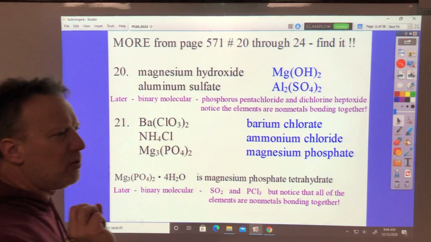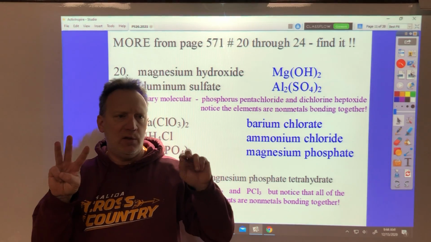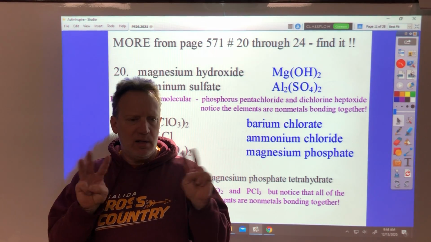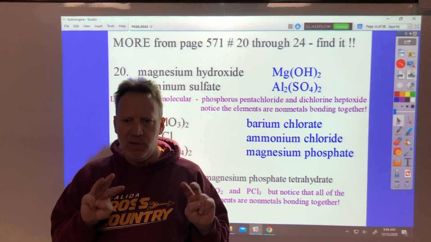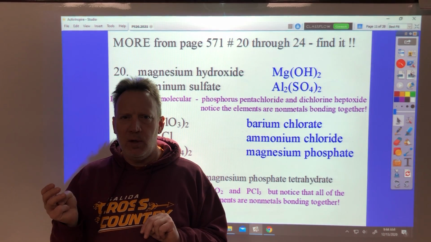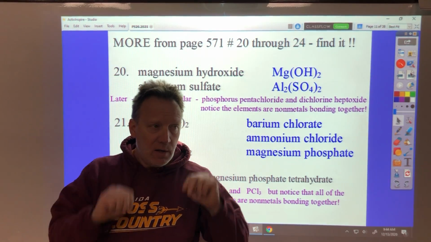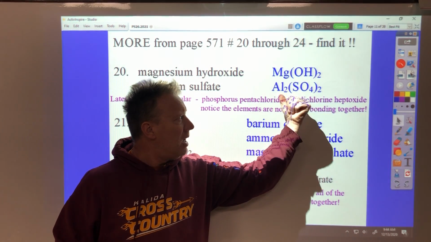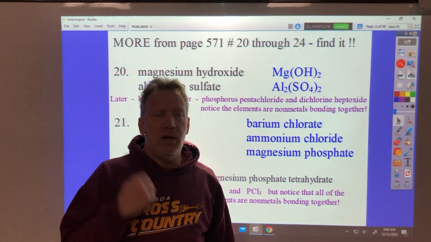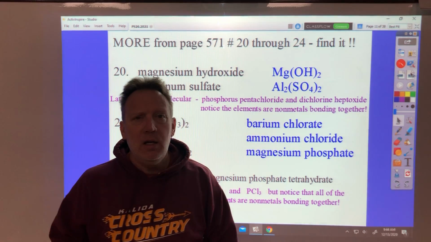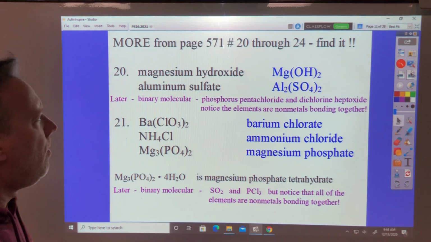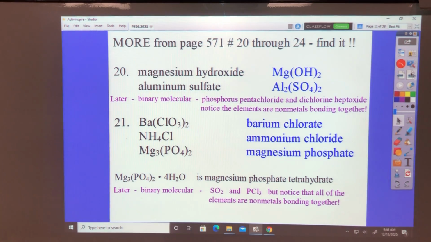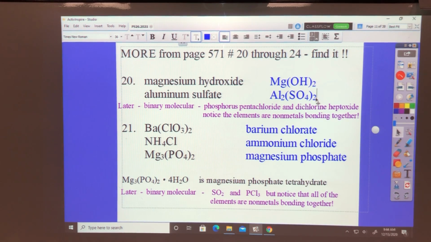So aluminum gave 3 valence electrons, sulfate took 2 valence electrons. This doesn't match. We'll have to move 6. So we'll have to have 2 aluminums. These count electrons. These count atoms or polyatomics. I'll have to have 2 aluminums, 3 sulfates. Oh, I have a mistake there. That should be a 3. Should be a 3.